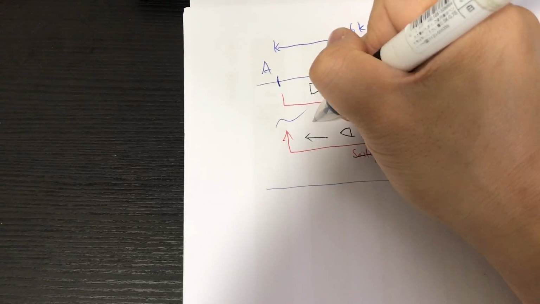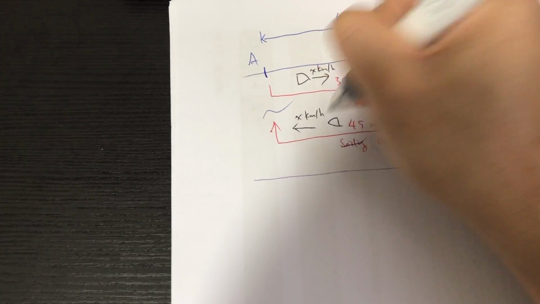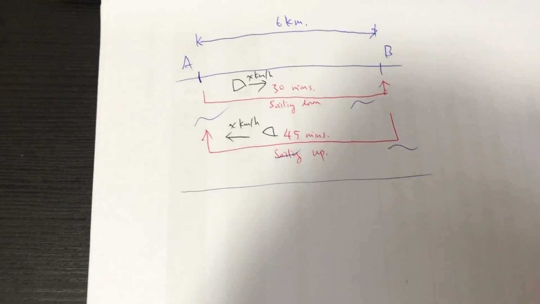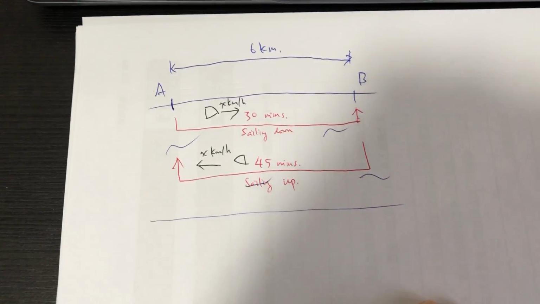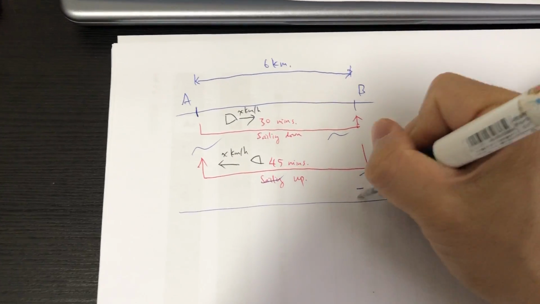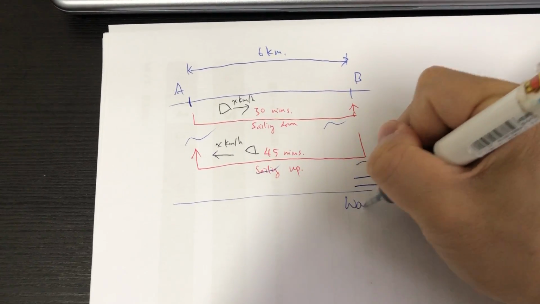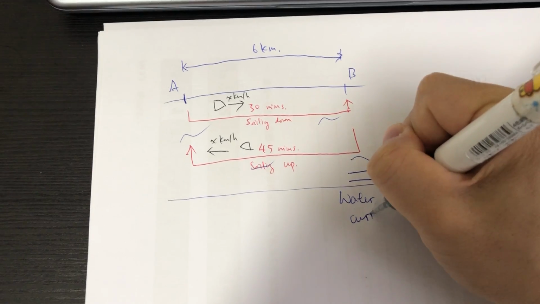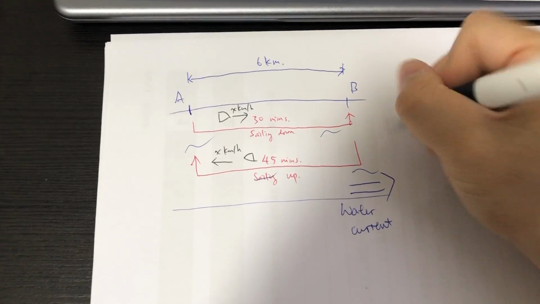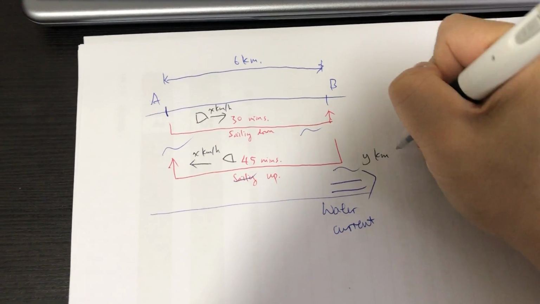The speed is also x kilometers per hour, because it is assumed it sails in still water. However, the water is flowing, and the current flows with y kilometers per hour.